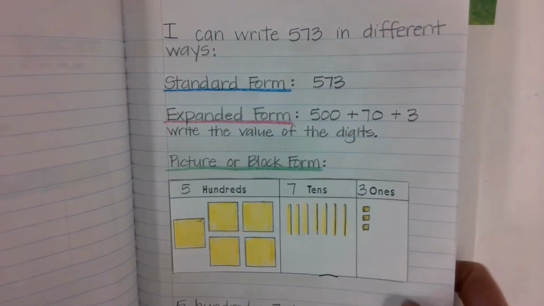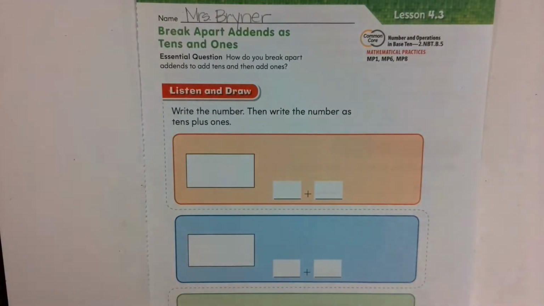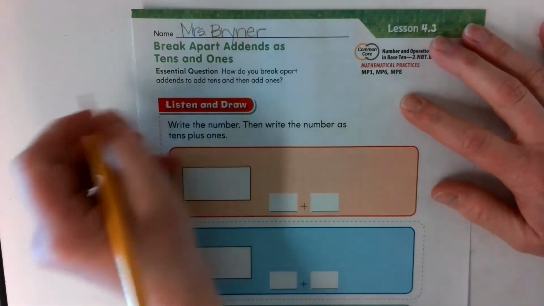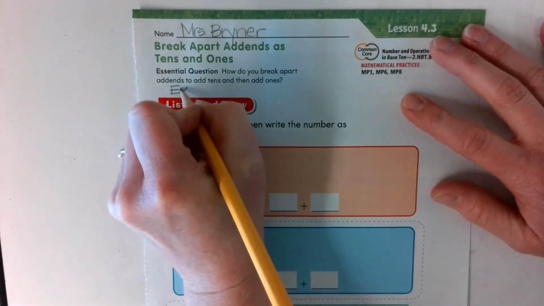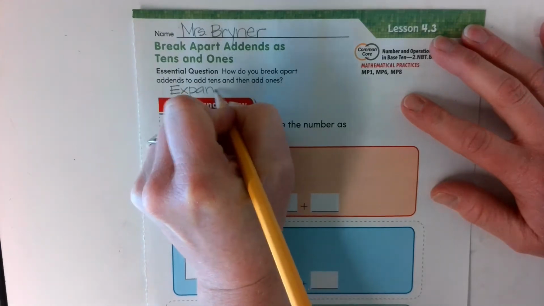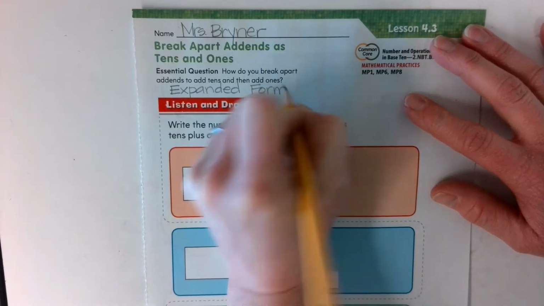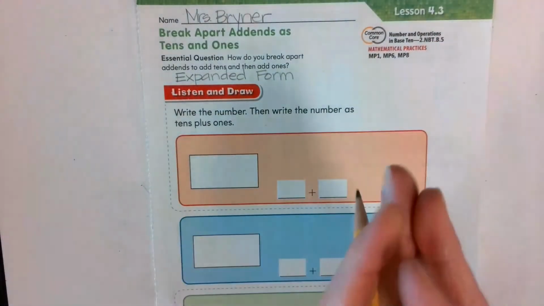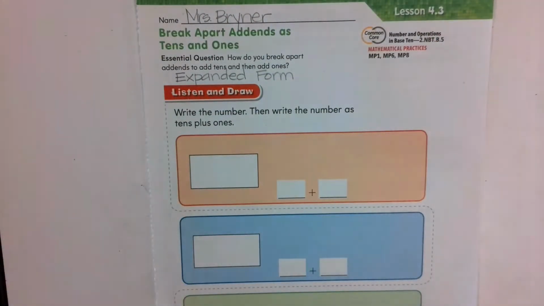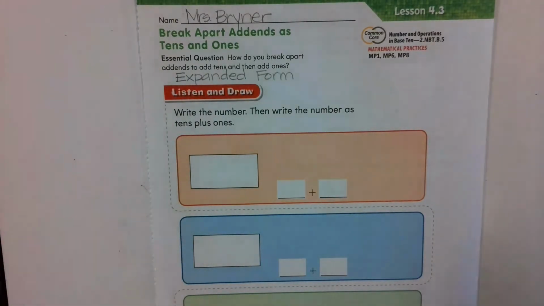So today, we're going to be using expanded form to solve two-digit addition problems. So go ahead at the top and write expanded form. And remember, expanded form is just stretching out the number. To expand means to get bigger. So we're stretching out that number and we're looking at the values.